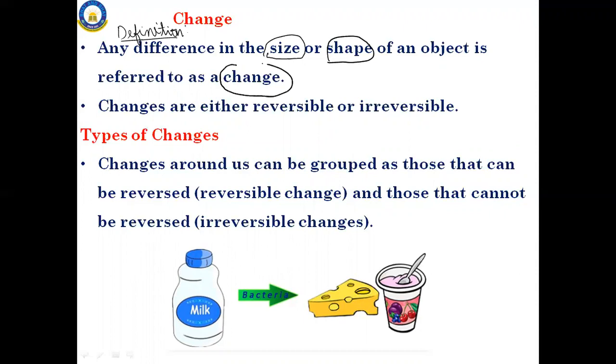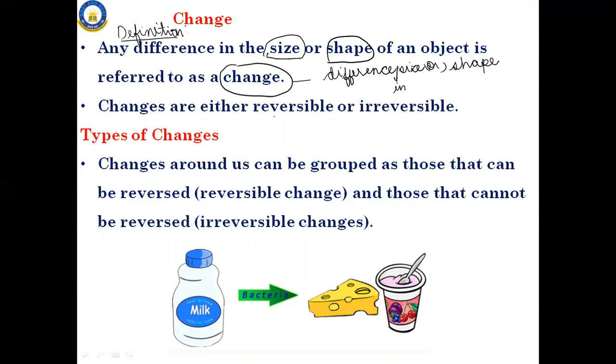We call it a change. So there must be some sort of difference in size or shape. The same definition, I'm just writing it one more time. If there is a difference in size or shape, it is referred to as a change.